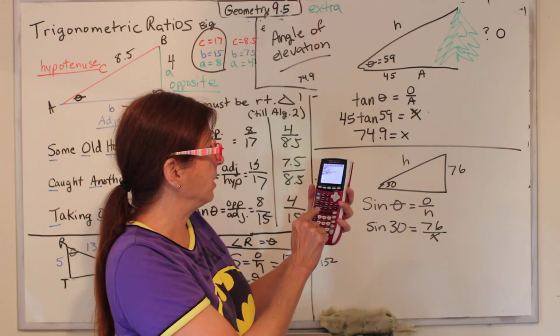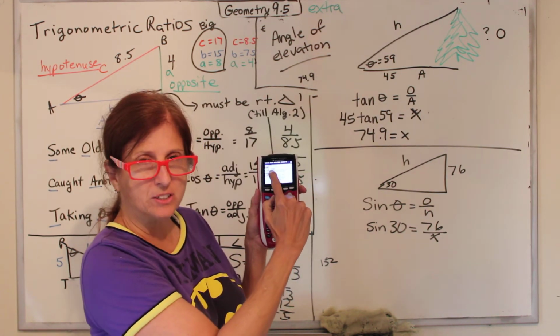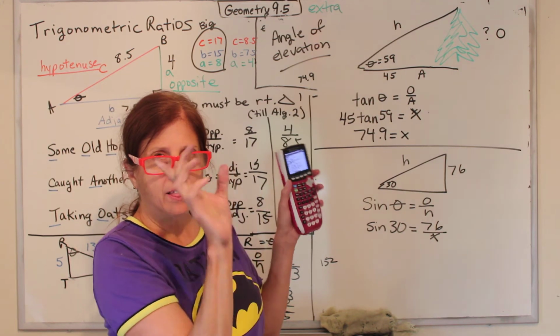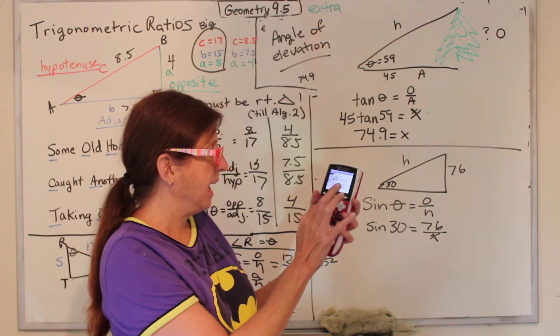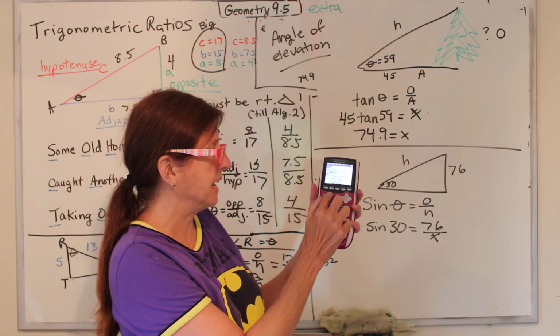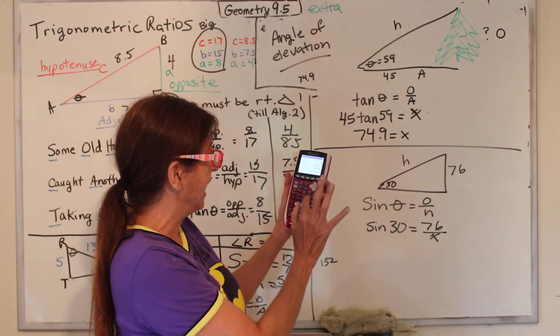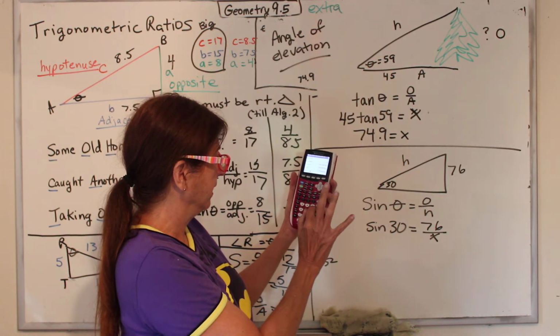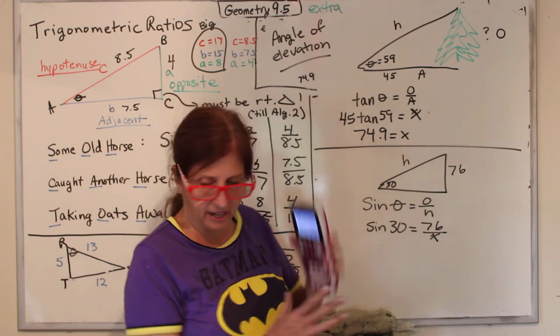So everybody push mode and make sure that lit up is degree, not radian. That will throw it off. Everybody needs to have your calculator in degree. How do you get off of mode is you do second mode, and that's quit. But put in your calculator 45 times tan 59, enter. And there it is, 74.89, it rounds up to 9.